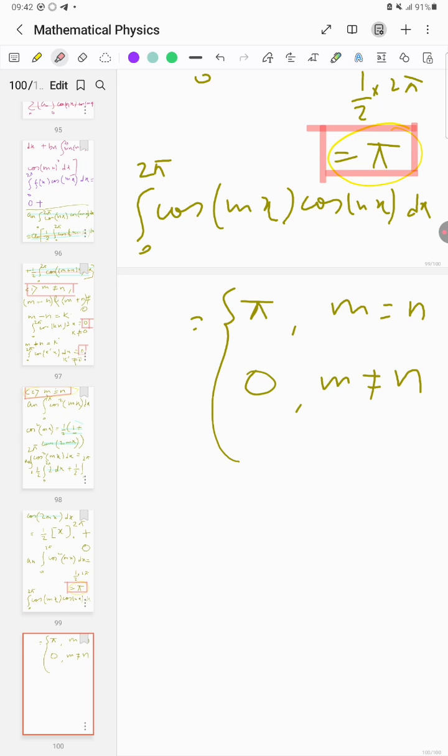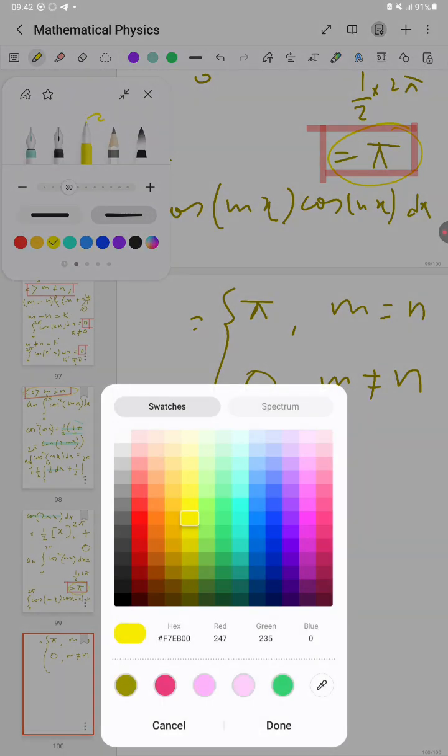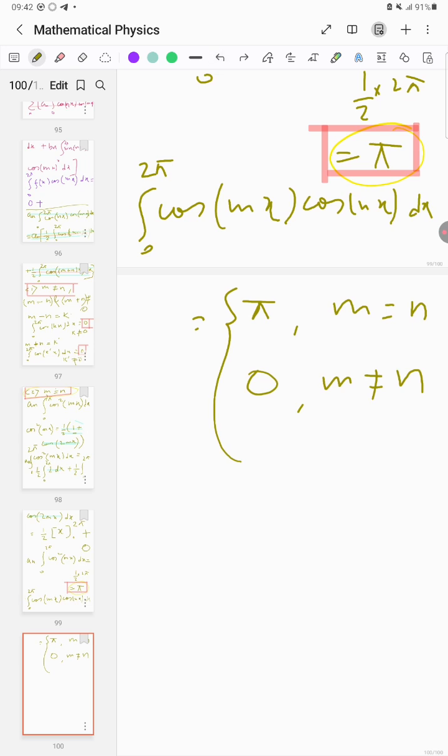This integration, we have missed an an term. There was an an, right? This integration, okay, let us not write the an term, we'll multiply an with it later on. So this integration of 0 to 2 pi cos mx cos nx dx gives us 0 when m is not equal to n, and gives us pi when m is equal to n, right?